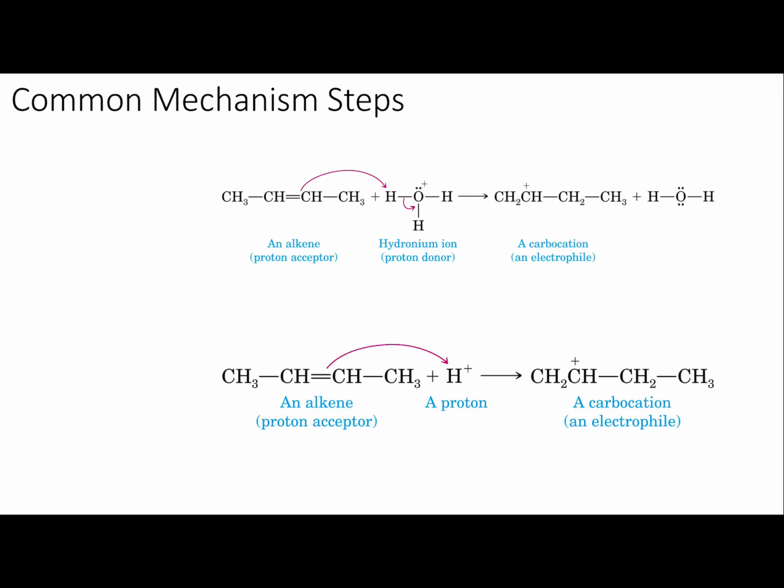So it's providing the electrons, so it's kind of like the nucleophile. It's acting like a nucleophile because it's got electron density that's looking for a nucleus. And then we also show that it's a proton acceptor, okay?